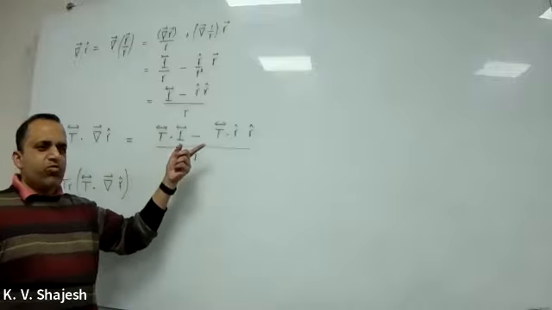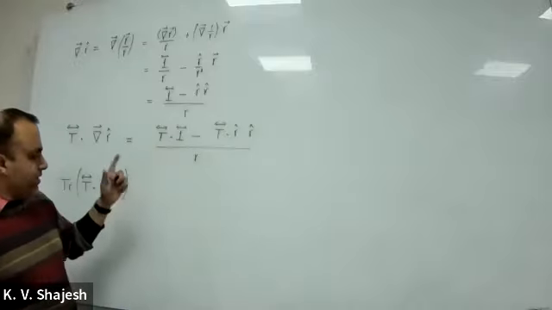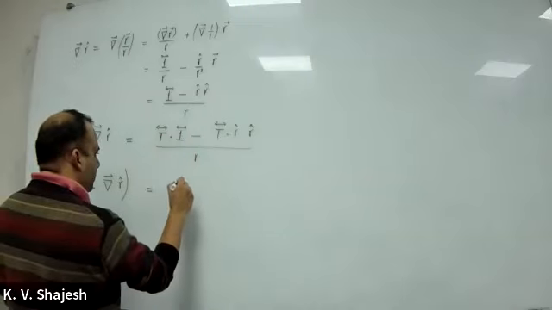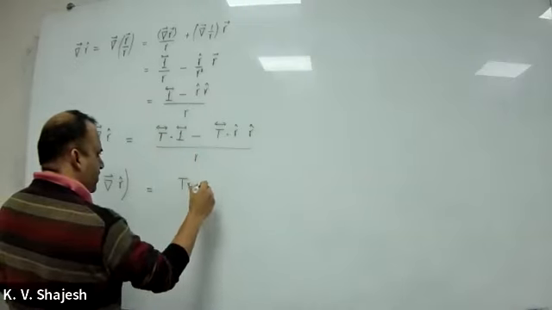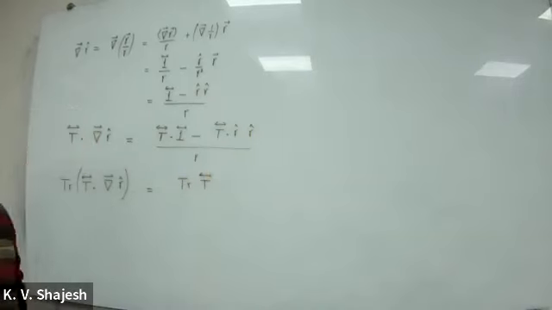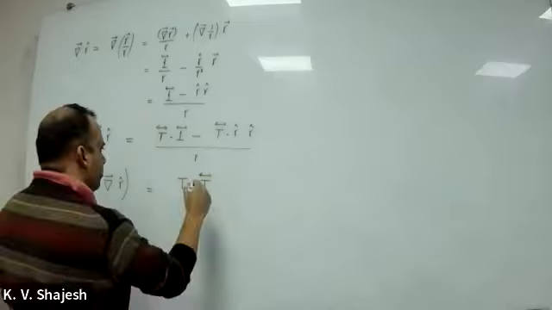Notice T times 1 is T itself. Trace of that will be trace of T, which I think in one of your homework you evaluated, right? What the trace of T is.